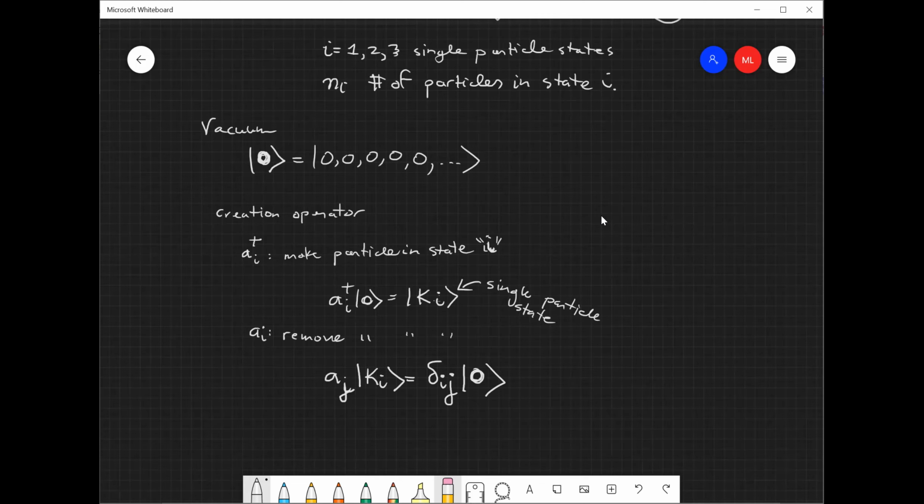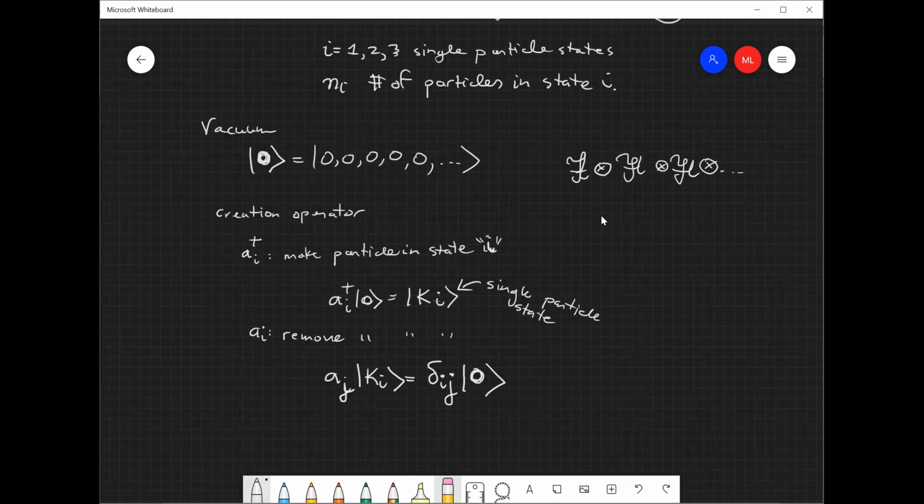This definition doesn't really depend on the basis that you're using. So remember, what is our space here? Our Hilbert space is a tensor product of a bunch of single particle Hilbert spaces, all of which are identical because they're identical particles. And we know that we can choose different bases for the single particle part.